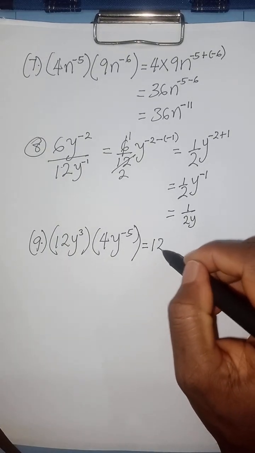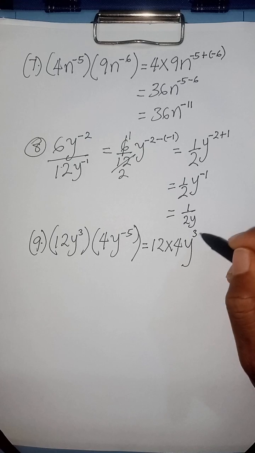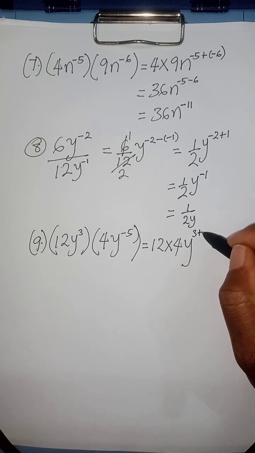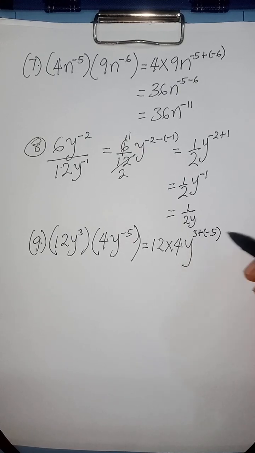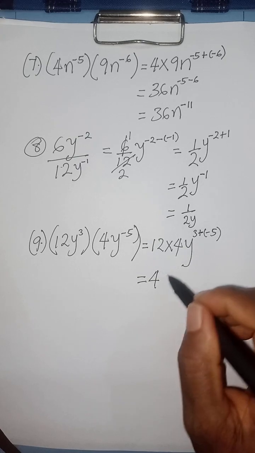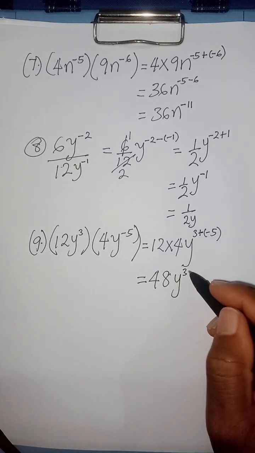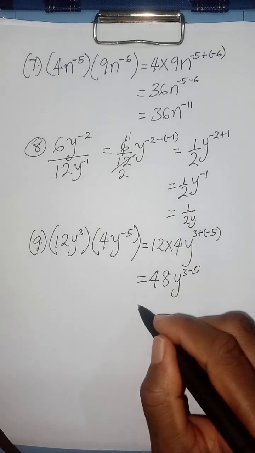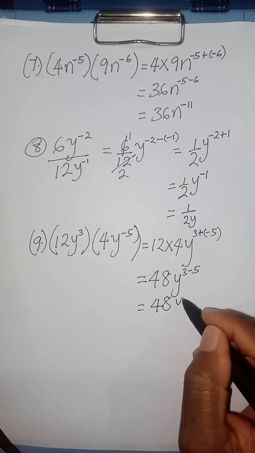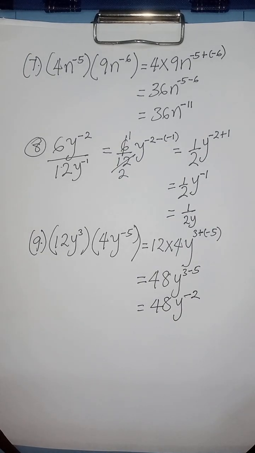So this is 12 times 4, y raised to the power 3 plus minus 5. 12 times 4 is 48. y raised to power 3 plus times minus is minus 5. 48y, 3 minus 5, it's minus 2. Again, you're picking the sign of the bigger number. So 5 minus 3 is 2.